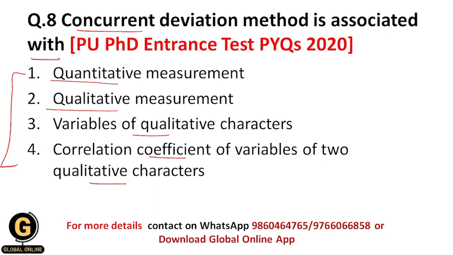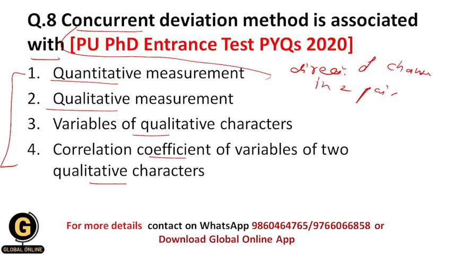Okay, so students, now let us see first of all what is this concurrent deviation method. Okay, so this concurrent deviation method is the method that we use to study direction of change in two paired variables.